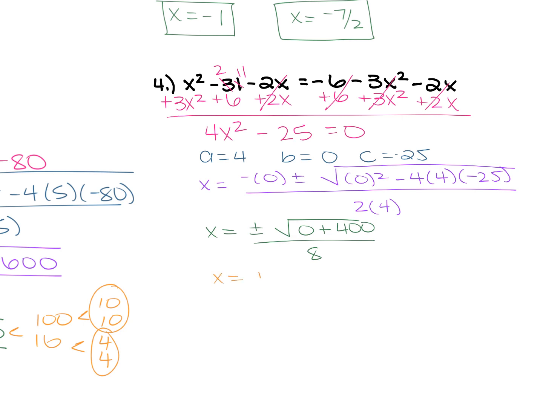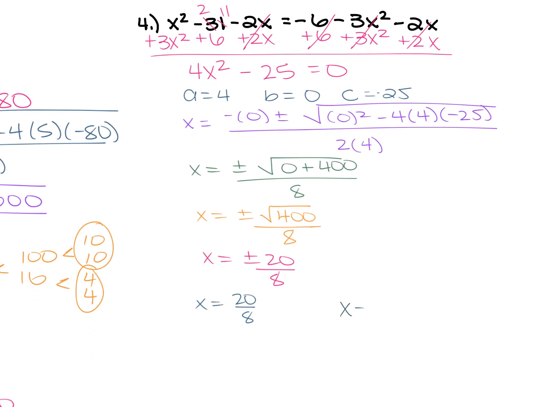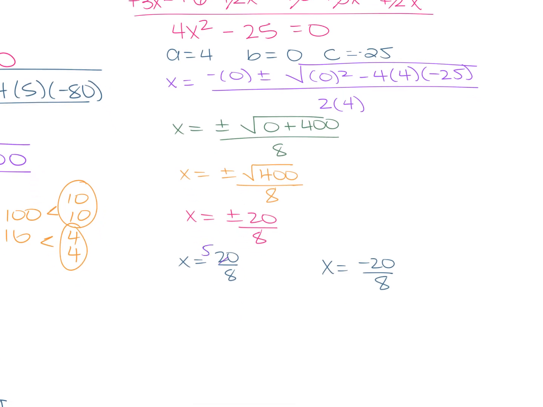You have plus or minus the square root of 400 over 8, which gives us 20. So that separates to give you x is equal to 20 over 8, and x is equal to negative 20 over 8. 4 is divisible by both the 20 and the 8, so the 20 turns into 5, 8 turns into 2, so x is 5 over 2, and x is negative 5 over 2.